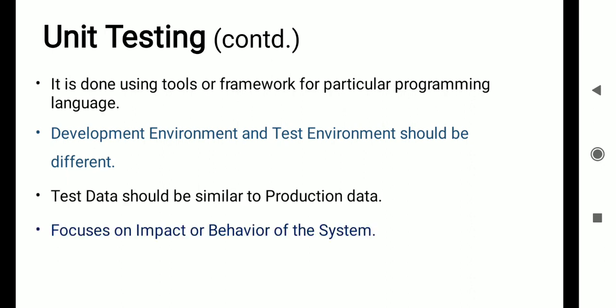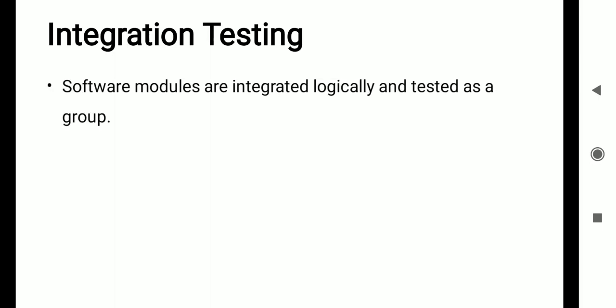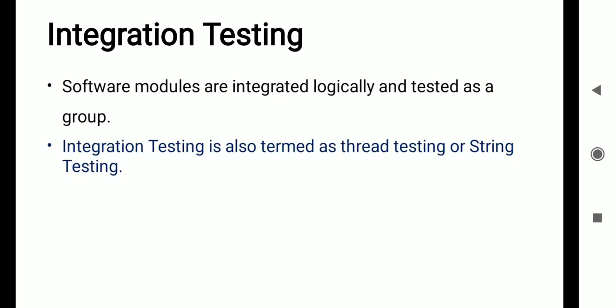Coming on to the next point, that is focuses on impact or behavior of the system. Then coming on to integration testing, it is the second level of testing. Software modules are integrated logically and tested as a group. Integration testing is termed as thread testing or string testing.